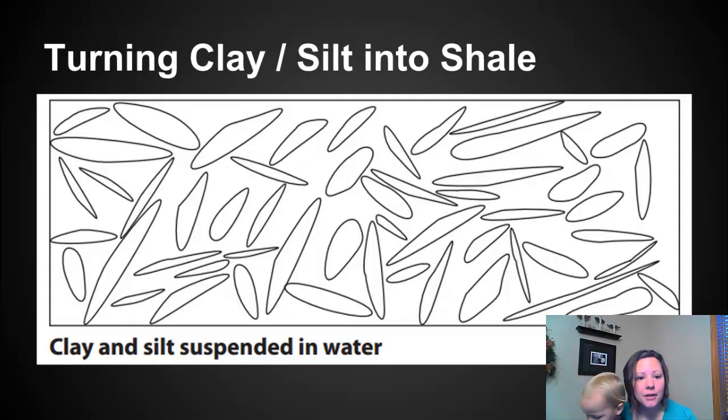So here's a picture of clay and silt that's suspended in water. We're getting ready to make shale. This would be, for example, in a wetland area or in a marsh, where you have lots of clay and silt, or even more, a delta where we have lots of clay and silt suspended in the water.